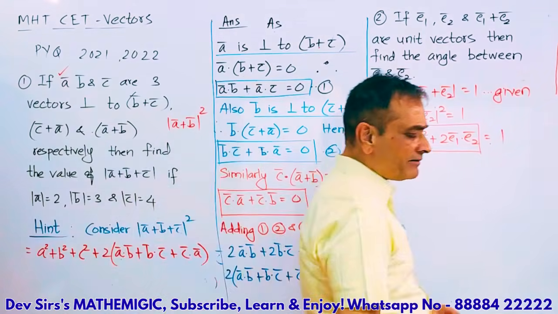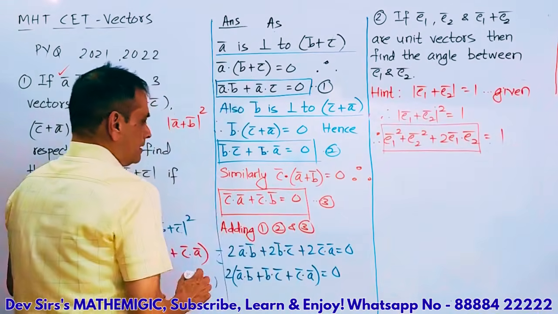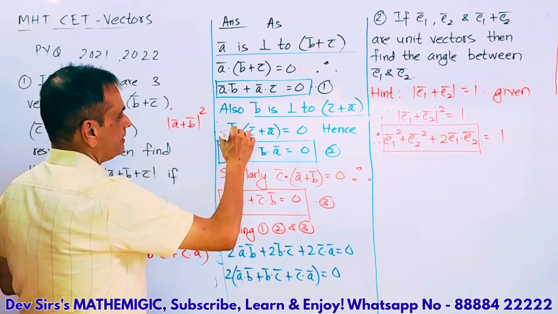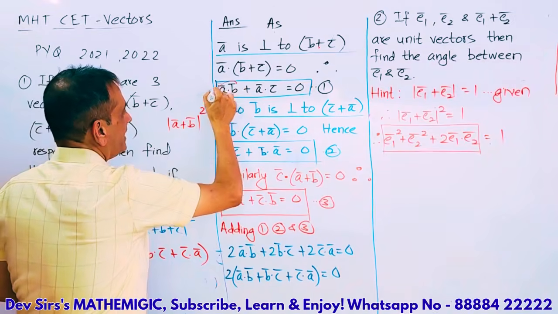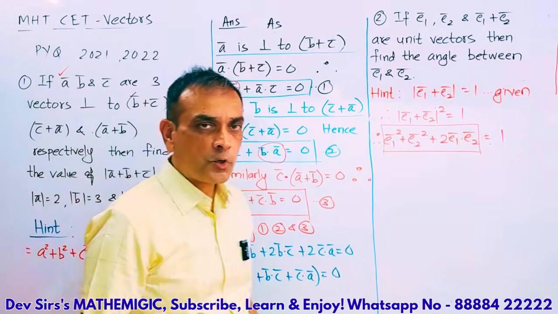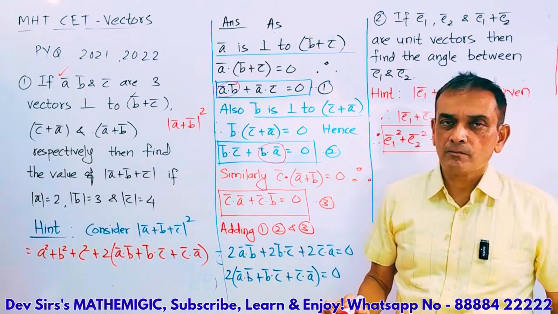So now what am I going to do? I am going to add all the three equations. See, adding equations 1, 2 and 3: a dot b plus b dot a. Dot product is commutative, a dot b and b dot a are the same.